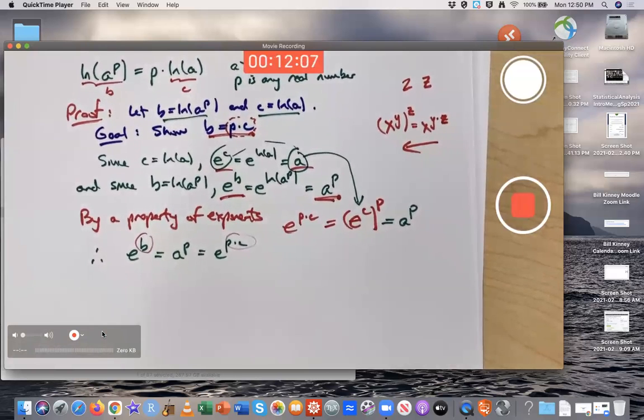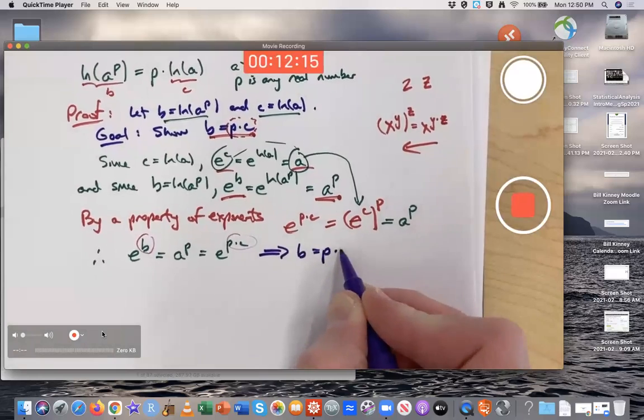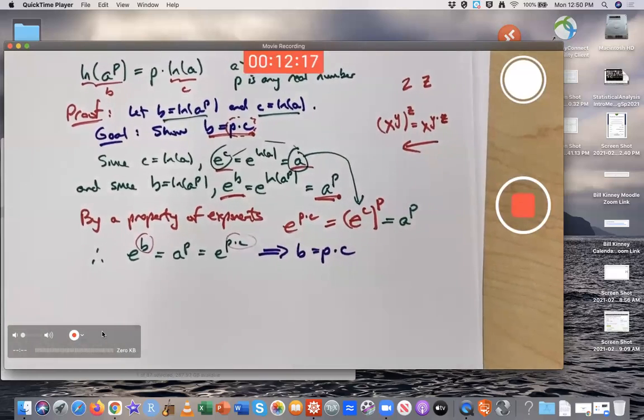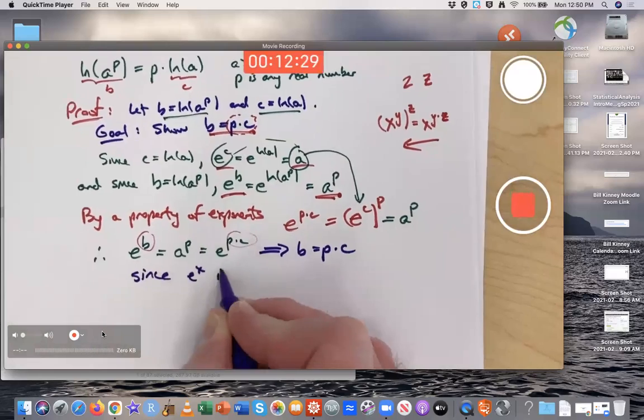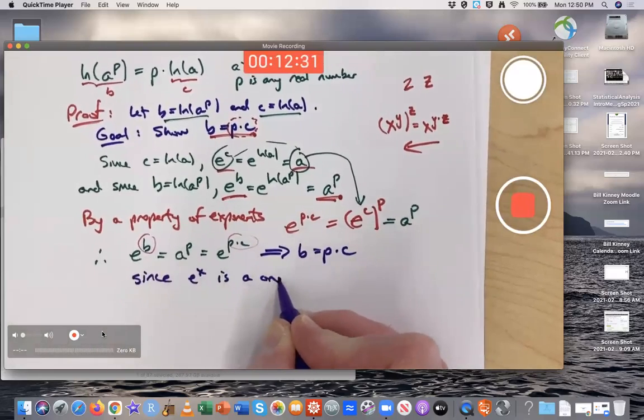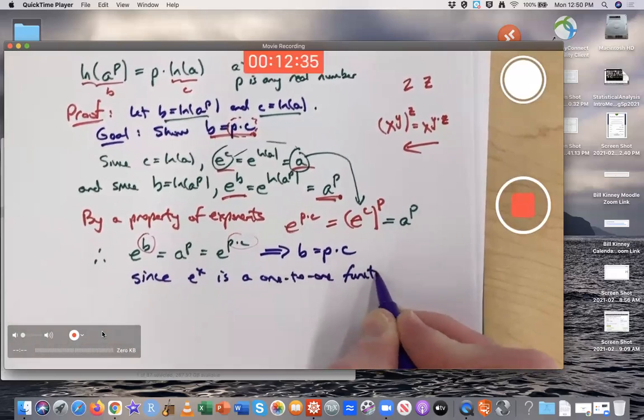Well, don't call it cancellation. You can get rid of the e. You can say this means b equals p times c like we wanted to show. But it's not because you're canceling the e. It's because the function e to the x is a one-to-one function. Remember one-to-one? We talked about that a couple weeks ago now.